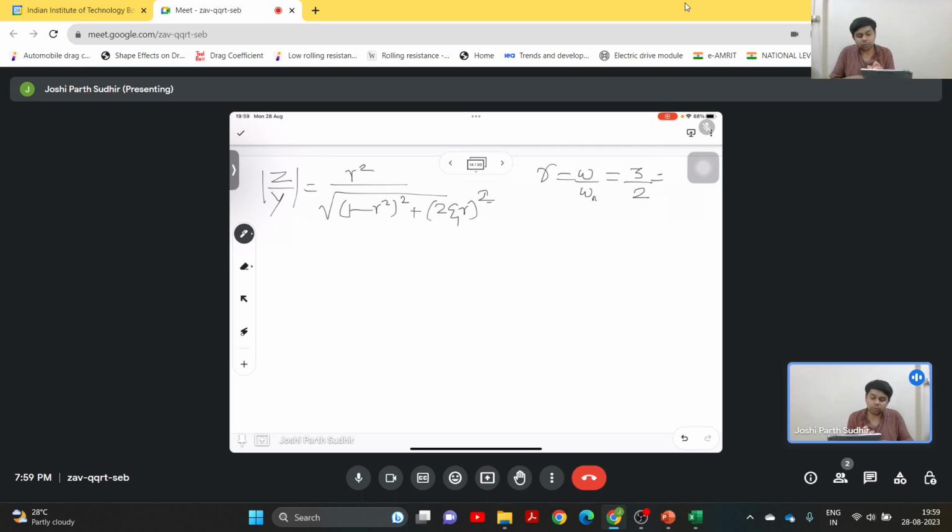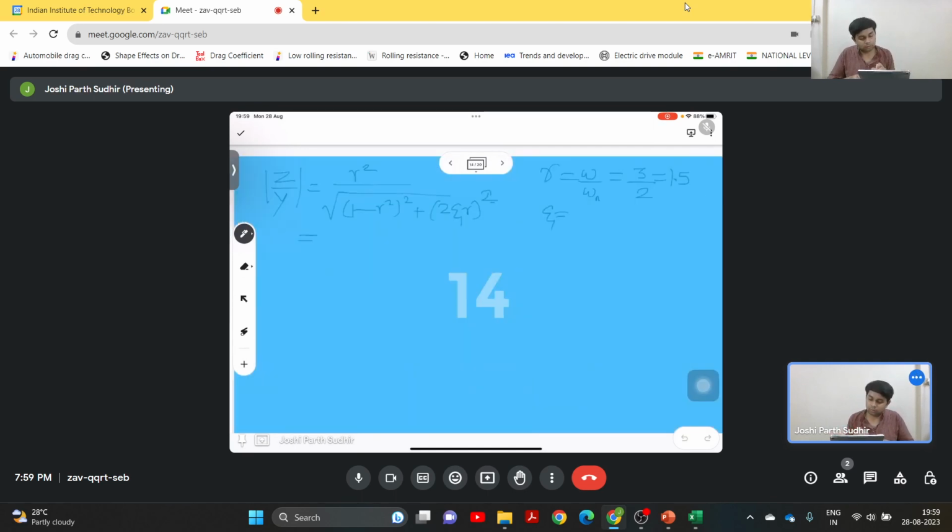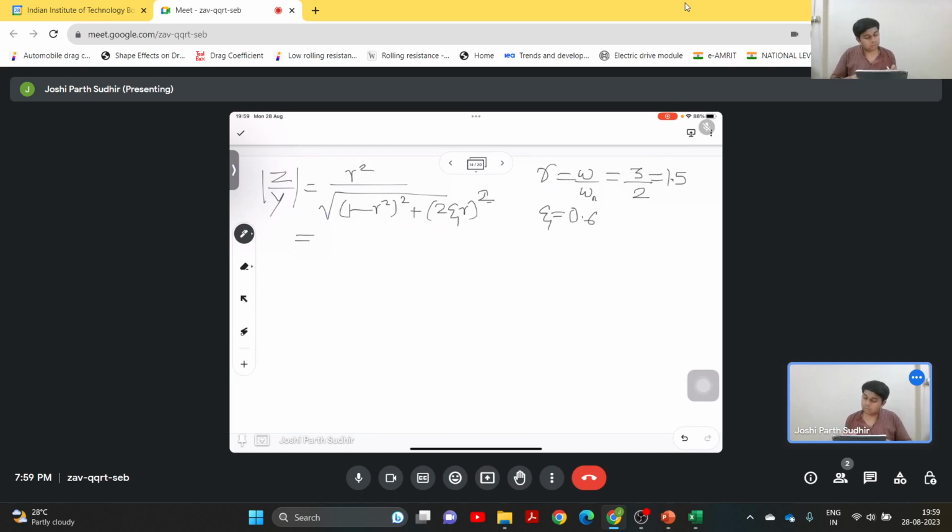So r is actually 1.5, and zeta is already given to be 0.6. So z by y comes to 1.5 square upon square root of 1 minus 1.5 square the whole square plus 2 into 0.6 into 1.5 whole square.